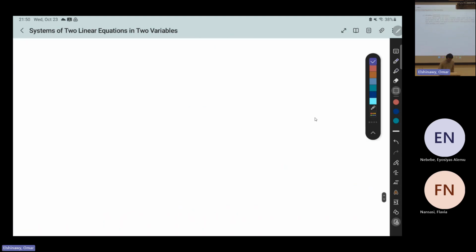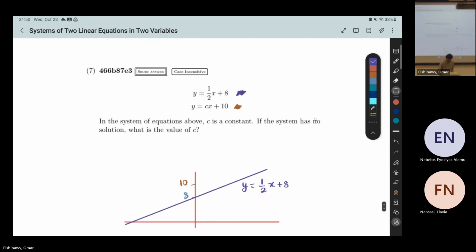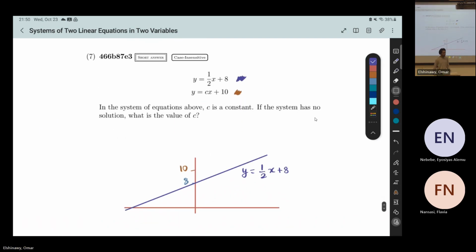Can you tell me what this value is going to be? I think x should be 0. Or the value of c should be 0. I don't know. The value of c should be 1/2, because it has to be the same slope.